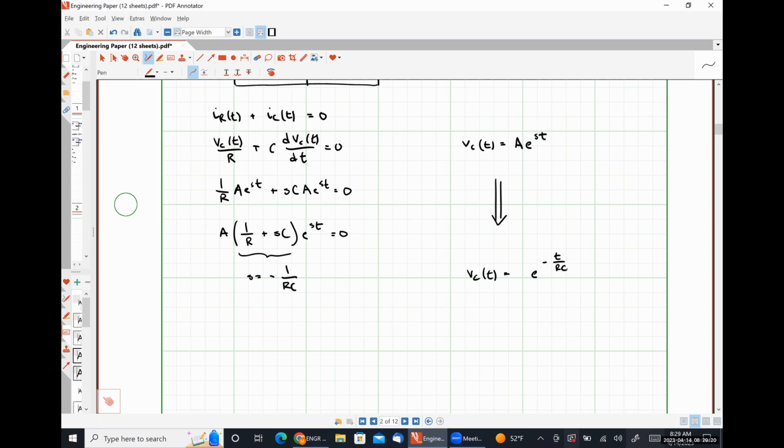It will be VS in this case, but generally speaking, what will it be? Exactly right. VC at 0 plus, which is the same thing as VC at 0 minus, but I'll talk about why I'm using that terminology in a minute.